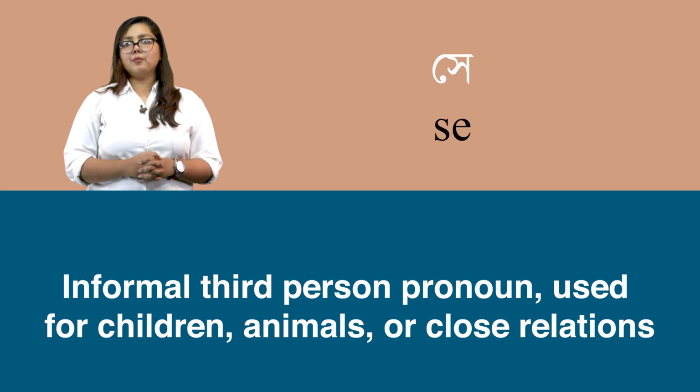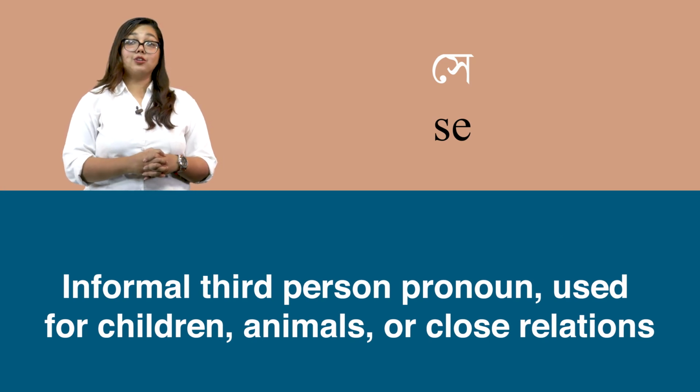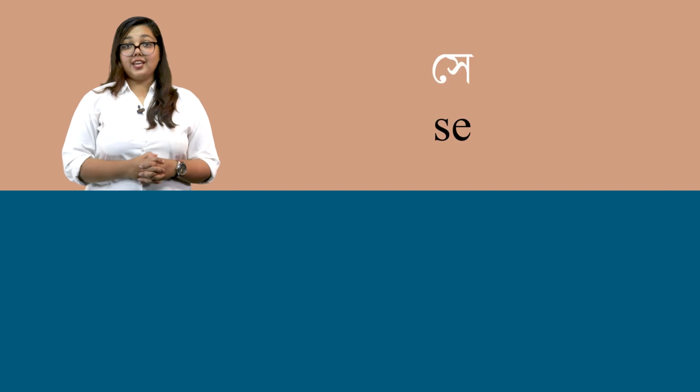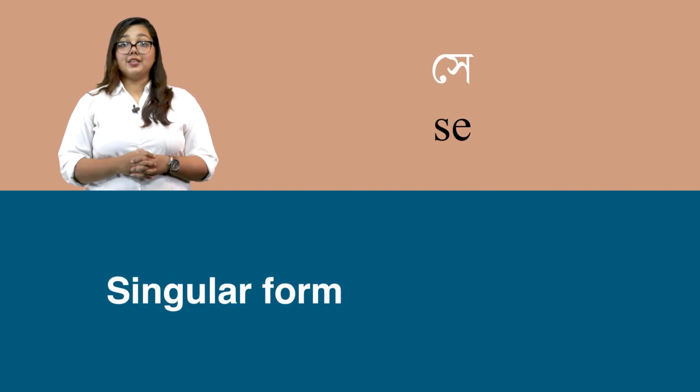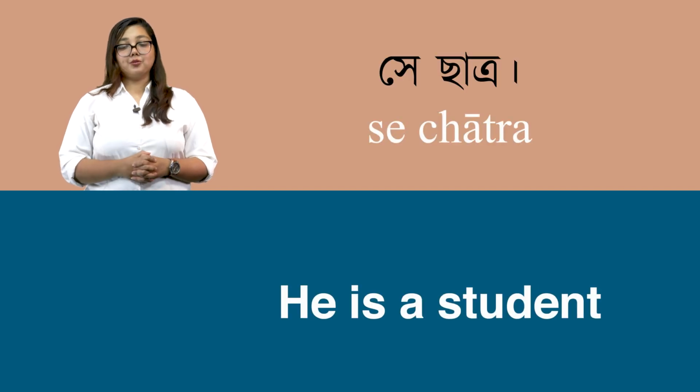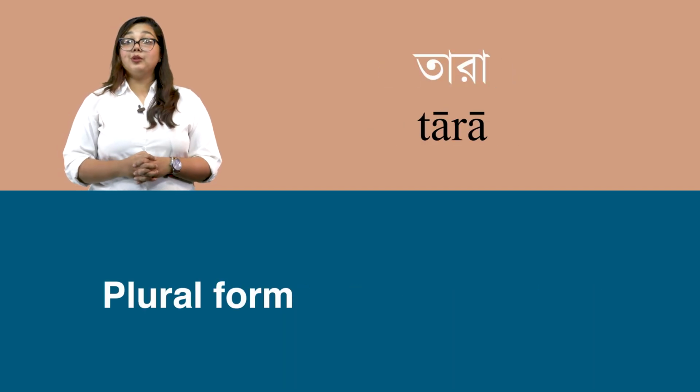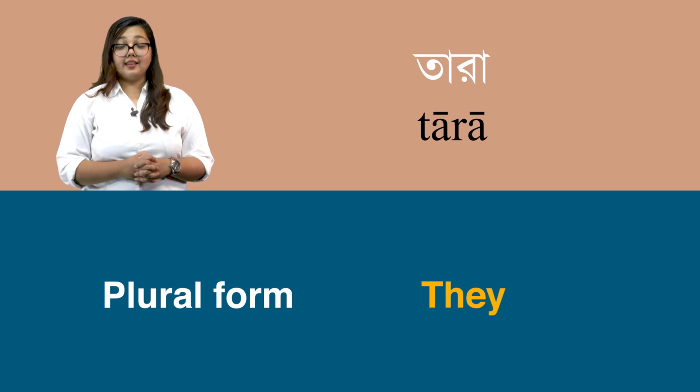Like the second person, Bangla has different pronouns for respect levels. She is the informal third person pronoun used for children, animals, or close relations. She is a singular form. It means he or she. Example, She chhatro. Tara is the plural form. It means they.